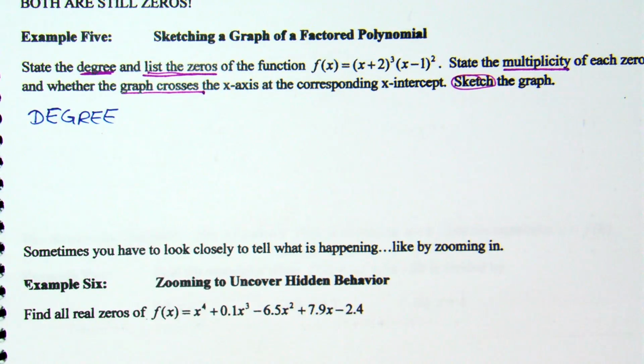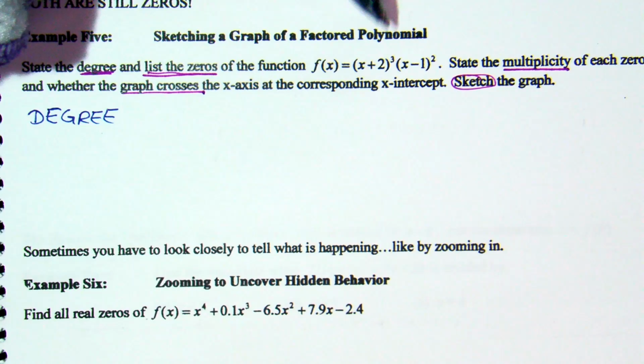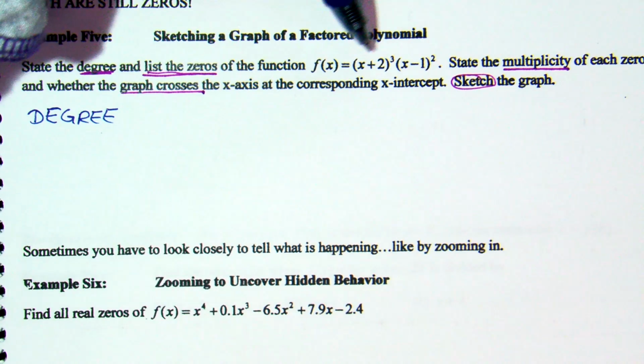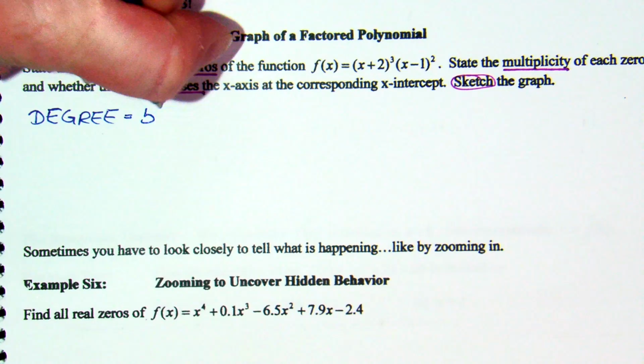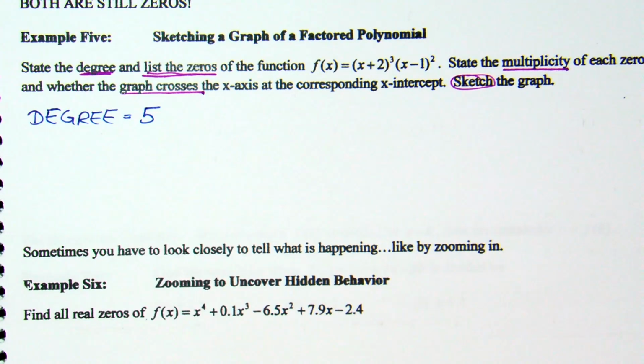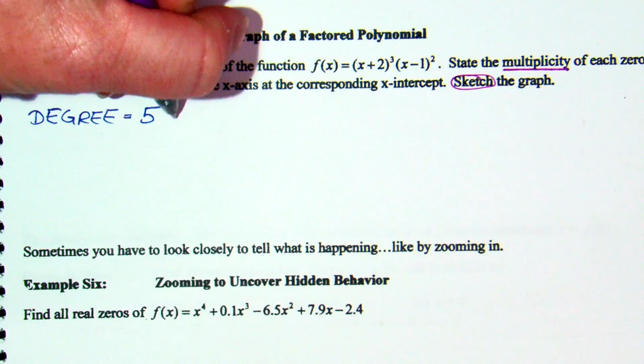Why 5? Because here, x plus 2 to the third would end up with an x to the third. X minus 1 to the second would end up with an x to the second. And an x to the third times an x to the second is going to be an x to the fifth. So the degree of this problem is 5. Okay? And that's because it would be an x to the fifth.